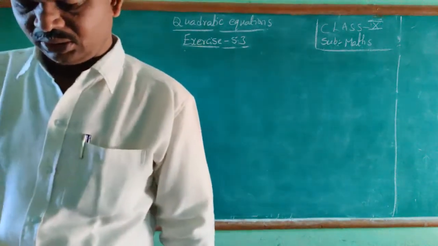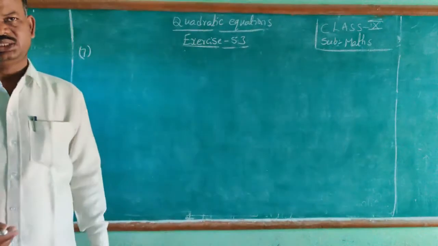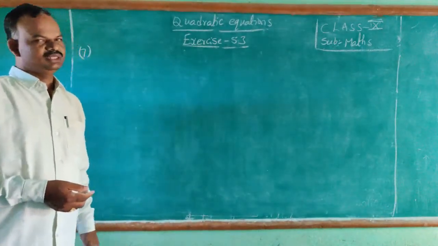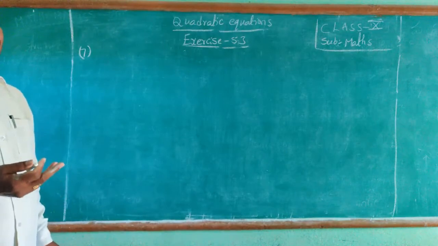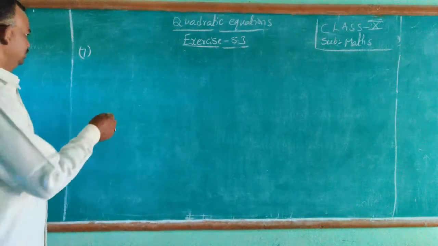See the question. The difference of squares of two numbers is 180. That means larger number square minus smaller number square is 180.